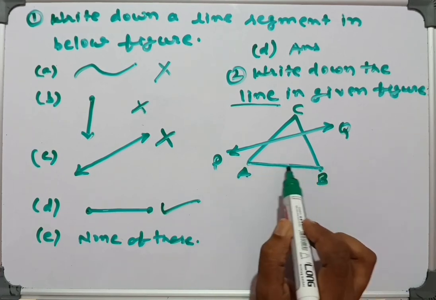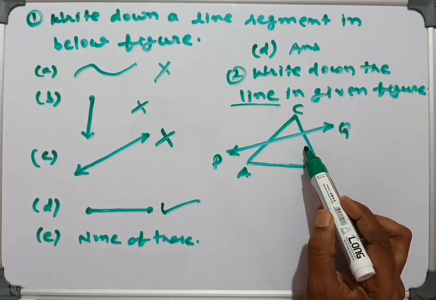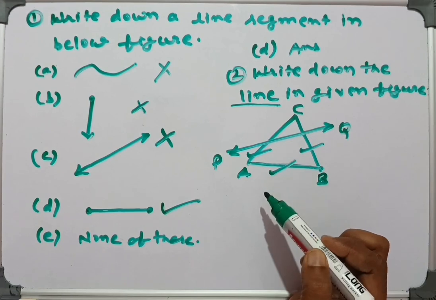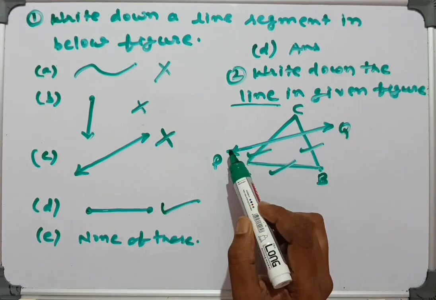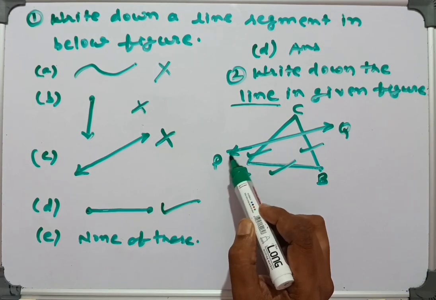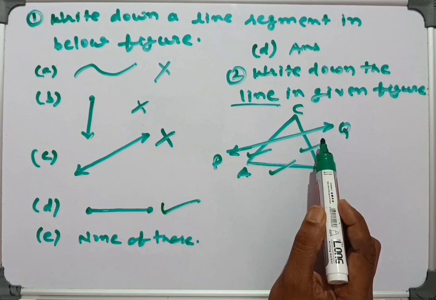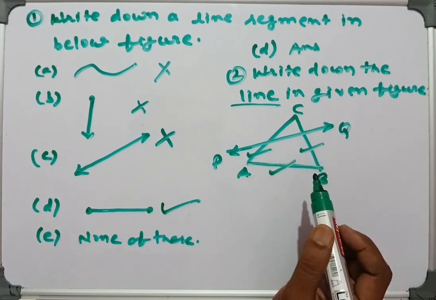AB is a fixed length, so it is a line segment. BC also the same and AC also the same. Now check this one, PQ. This fulfills our definition of a line, PQ, because both the ends are not fixed, or it can be extended up to infinity.